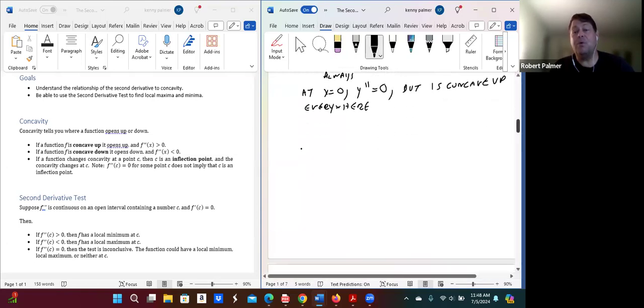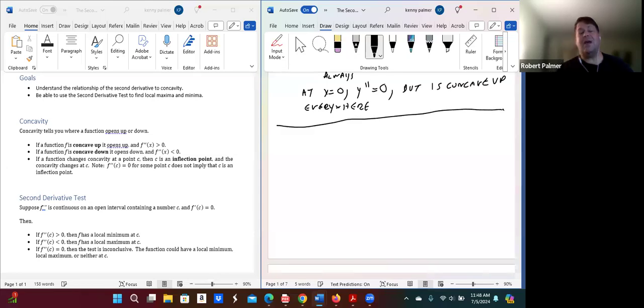Okay, now one more thing I mentioned. Concavity isn't necessarily related to whether the function is increasing or decreasing. So let me draw one more thing real quickly. Let's draw a couple graphs, say two graphs here. Let's say we have a function that looks like this.